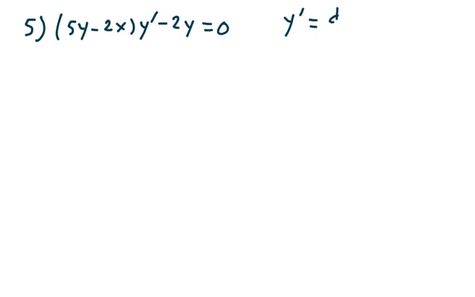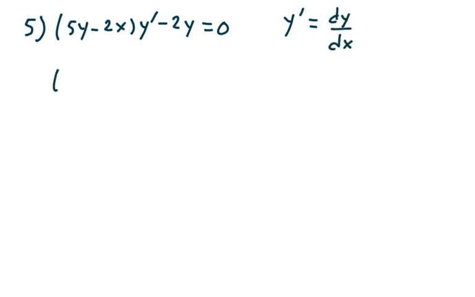This is example 5, and suppose I give you the following. Suppose I give you 5y minus 2x y prime minus 2y is equal to 0. Remember that y prime is dy dx.